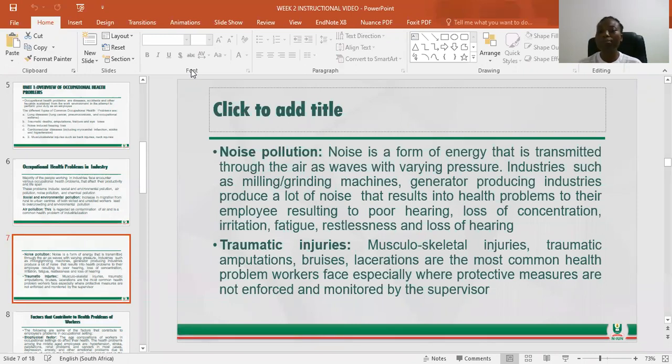So these people in different places of work are exposed to injury. As Anna mentioned earlier on, you treat a patient who is HIV positive, you carelessly prick yourself. That's an injury that you have caused to yourself.